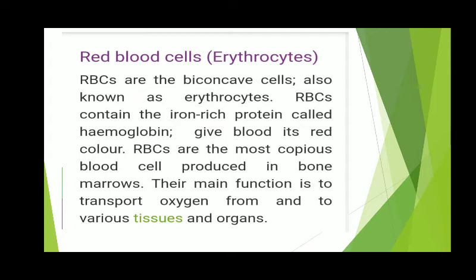And red blood cells are biconcave cells and they contain hemoglobin, and due to the presence of hemoglobin they are red in color. Hemoglobin performs a very important function. It carries oxygen from the lungs to body tissues.